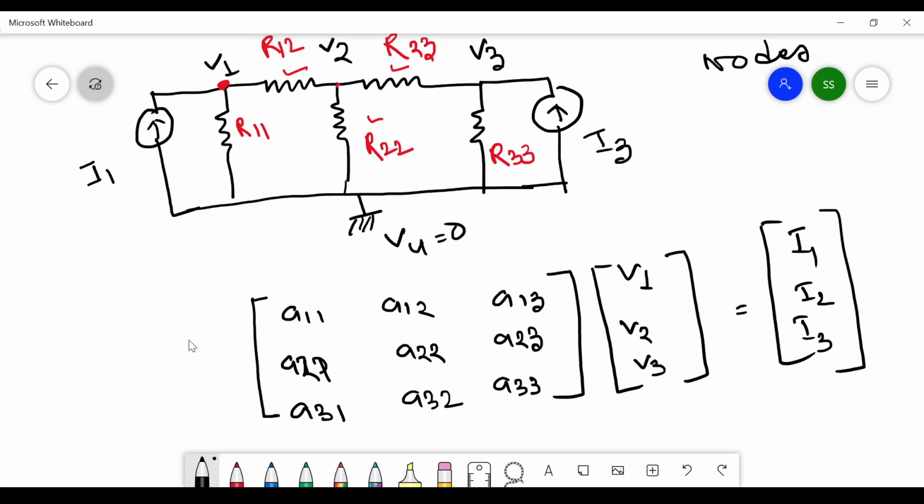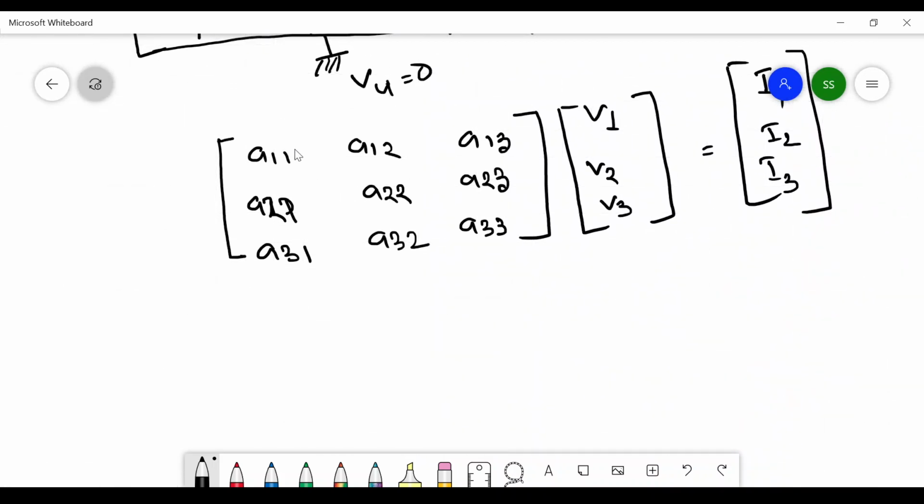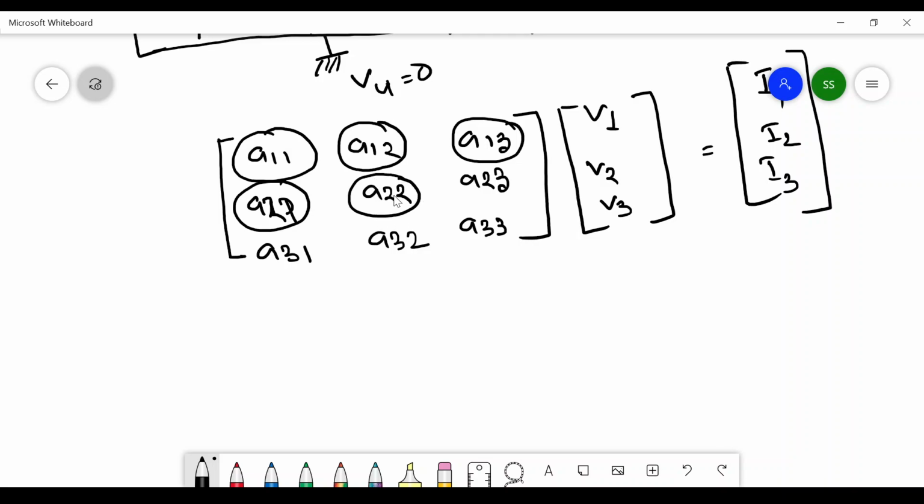Now here we have to check what it means by A11. A11 is all the resistance connected in node 1. A12 means all the resistance connected in between node 1 and 2. A13 means all the resistance connected in between 1 and 3. A21 means all the resistance connected between 2 and 1. A22, all the resistance connected in only node 2. A23, all the resistance connected in between 2 and 3. A31, all the resistance connected in between 3 and 1. A32, all the resistance connected in between 3 and 2. A33, all the resistance connected in node 3 only.